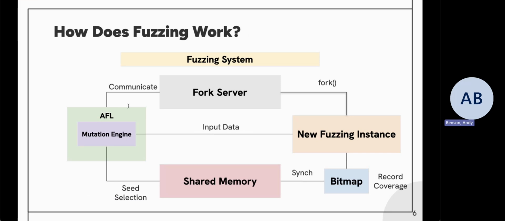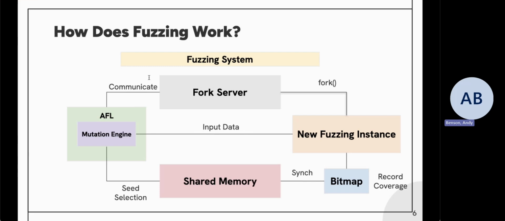So how does fuzzing work? This slide demonstrates a simplified fuzzing structure based on AFL. AFL makes use of a fork server to coordinate different instances of fuzzing runs. Basically, the fork server creates new trials that are in a ready-to-run state in new processes. These processes then get input from AFL's mutation engine.